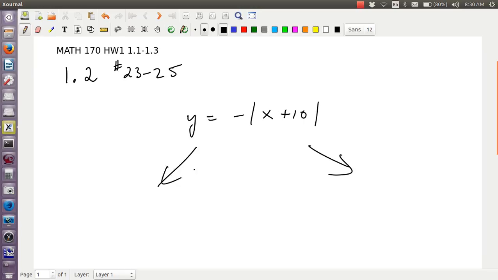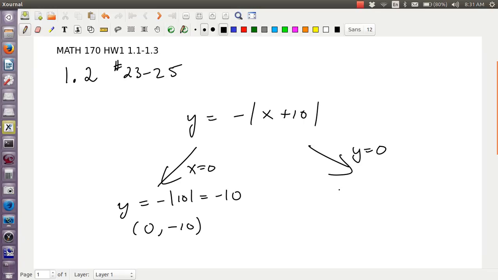You just try x equals 0 to find the y-intercepts and y equals 0 to find the x-intercepts. If x equals 0, you get y is equal to negative absolute value of 10, which is -10. They're trying to trick you into saying 10, but it's actually -10. And so this point is 0, -10.